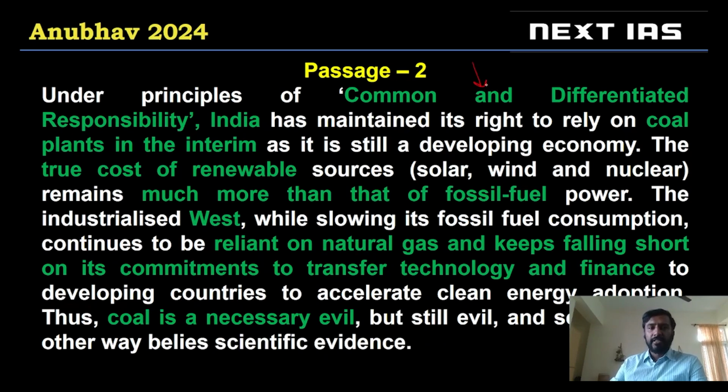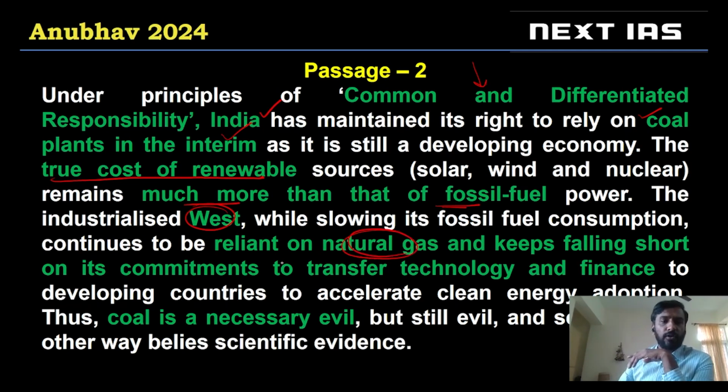Now, common but differentiated responsibility, we come to the same thing. Climate change, who has what responsibility, which country has what onus on them. So we know India has to rely on coal plants in the interim because of us being still developing. Also, the true cost of renewable sources is much more than fossil fuel. Okay, West is using natural gas, which is also polluting, correct?